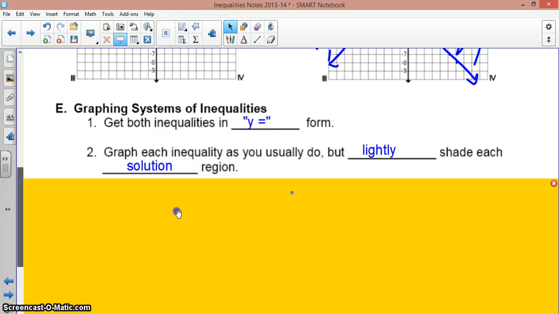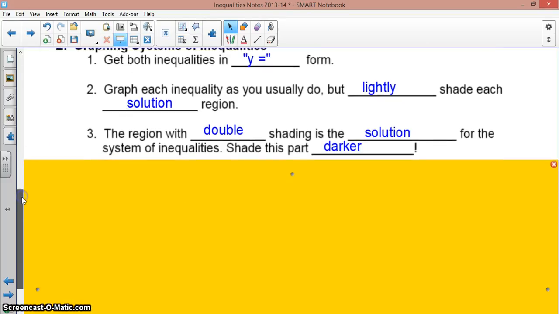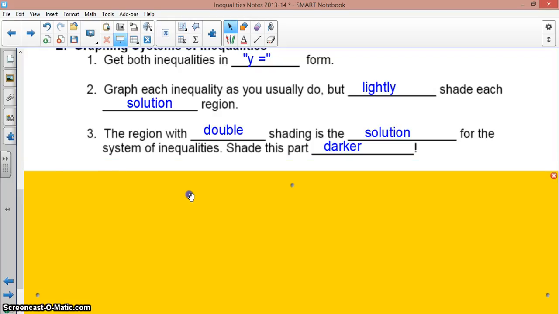You're going to graph each inequality as you usually do, just like the steps from above, but you're going to lightly shade each solution region. You're not going to do it darkly, very lightly shade each region. The region with the double shading is the solution for the system, and this part needs to be shaded darker. That double shaded region is the only part that really matters.